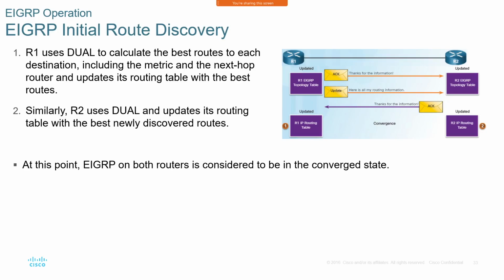Once the topology table is built, a router is then able to calculate the best paths to reach a certain network. And it does that using DUAL. DUAL is basically an algorithm that calculates mathematically a value, and then it will take the best path based on the value that it calculated. We're going to see how the router calculates the best path in a few slides.